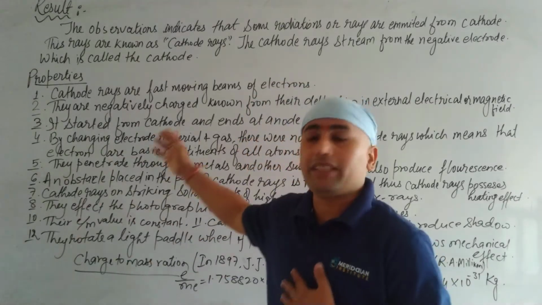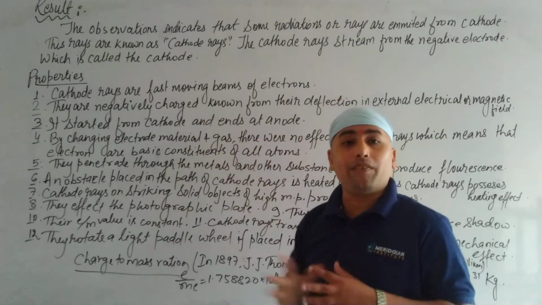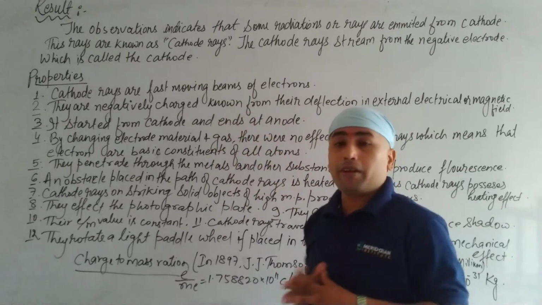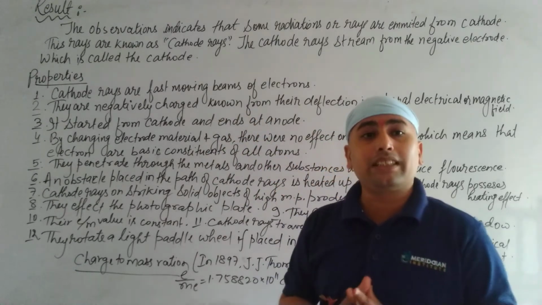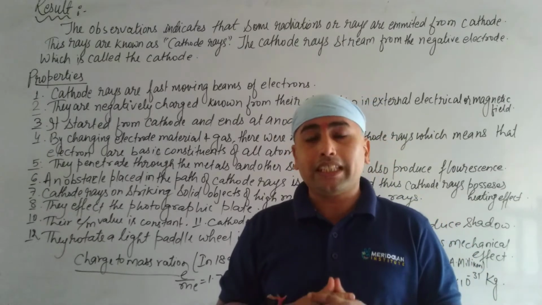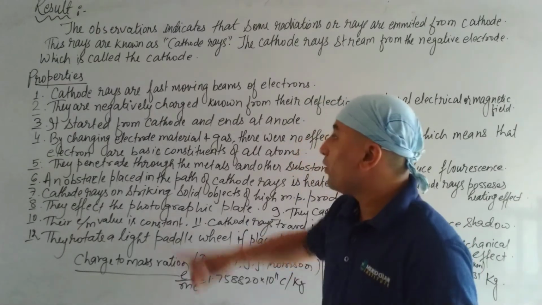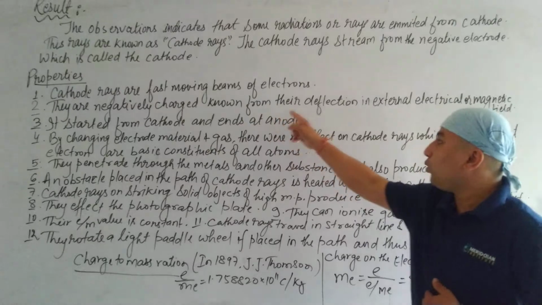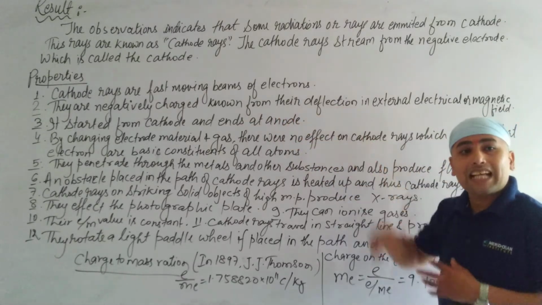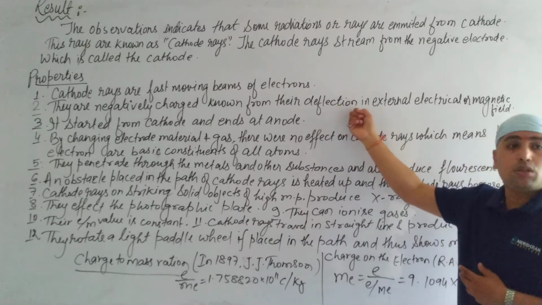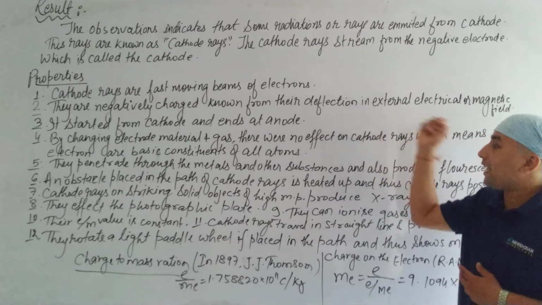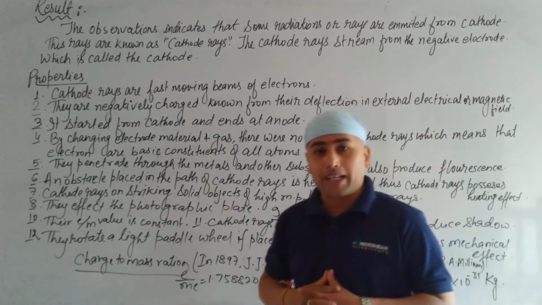If anybody asks you why they are negatively charged, you have to say that since they developed from the negative electrode, that's why. They are deflected, and it is known from the deflection in the external electrical and magnetic field.